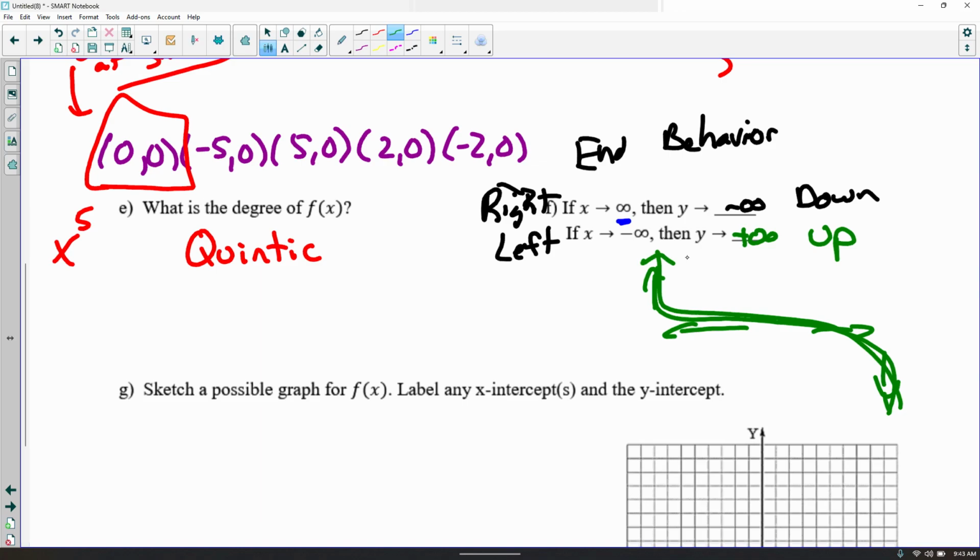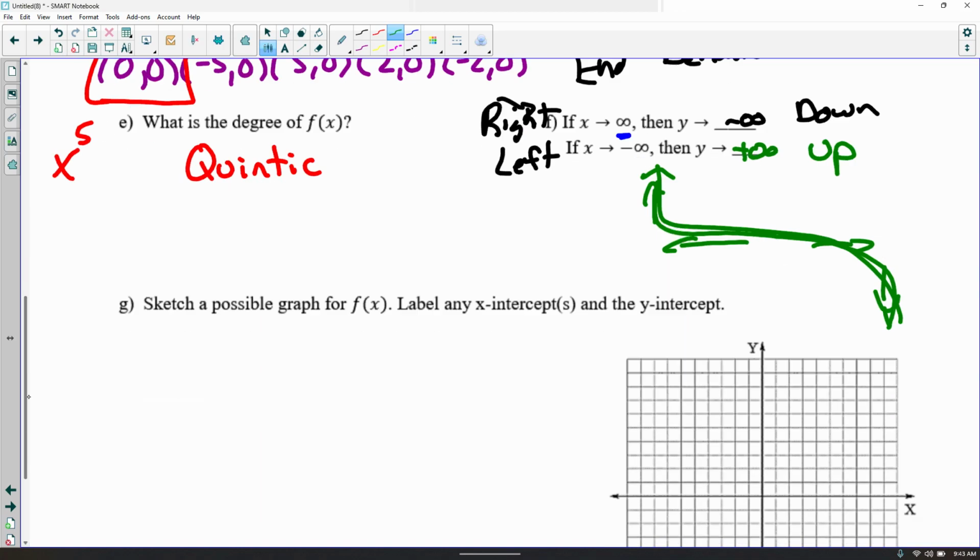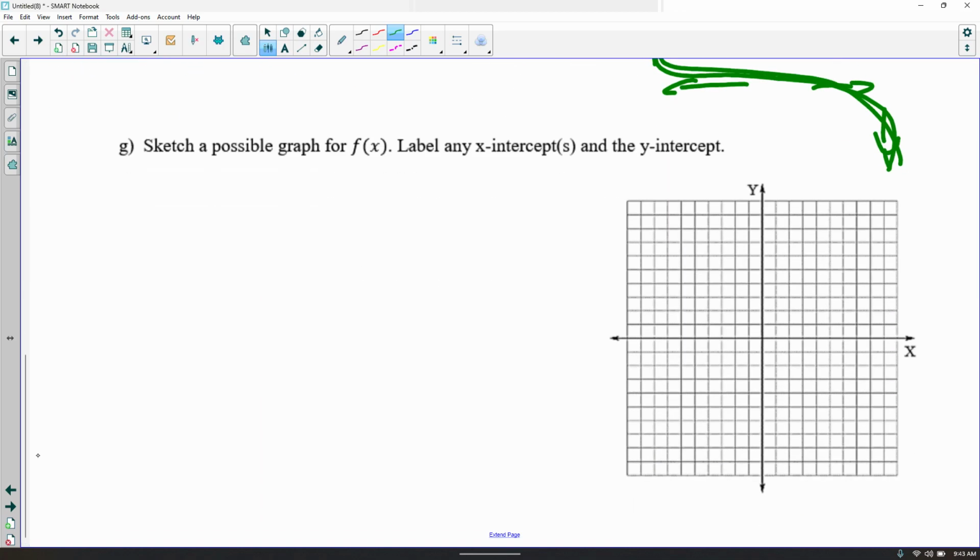Okay? All right, so we're going to sketch this graph. You have your points 0, 0, 2 and -2, -5 and +5. All right, you ready? We said it's starting up here, finishing down here, correct? You got that, Kate?